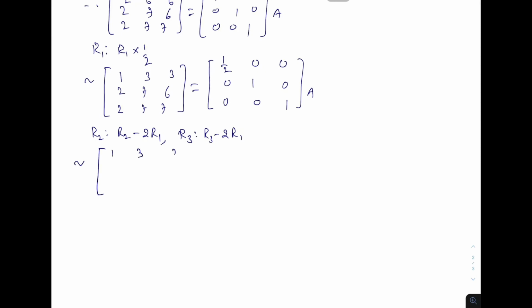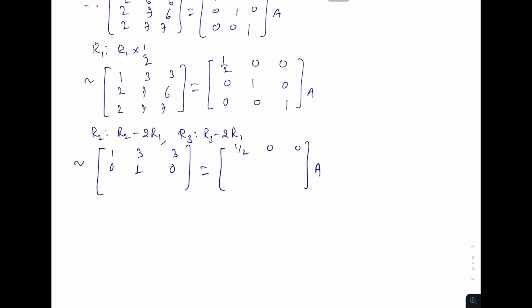Okay, so let us see. This is 1 3 3, this is 1 by 2 0 0. Now R2 minus 2 R1, so minus 2 plus 2, that will be 0. Then minus 6 plus 7, so that is 1. Then minus 6 plus 6, so that is 0.